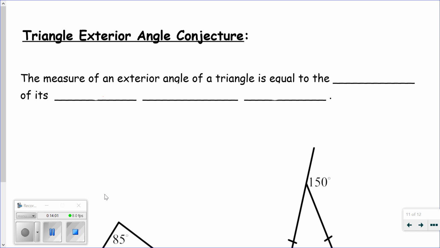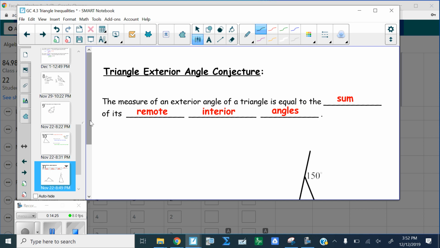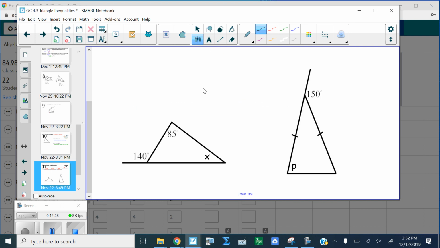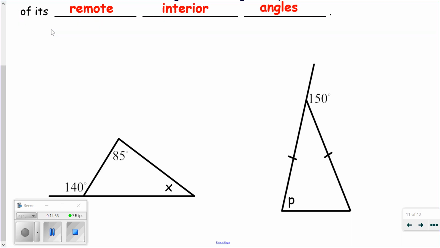All right, last one. The measure of an exterior angle of a triangle is equal to the sum of its remote interior angles. So what do I mean by that? I have the exterior angle is equal to the sum of the remote interior angles.